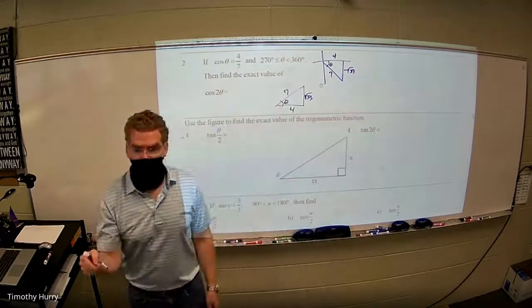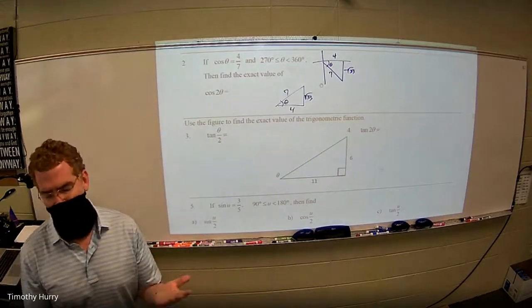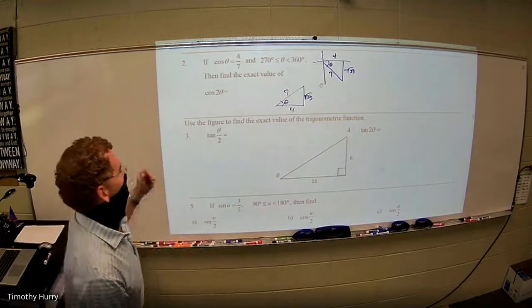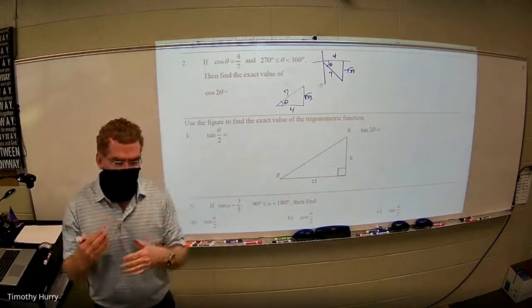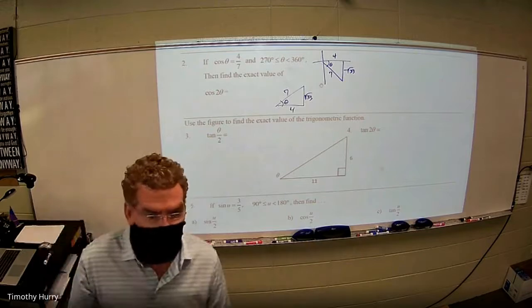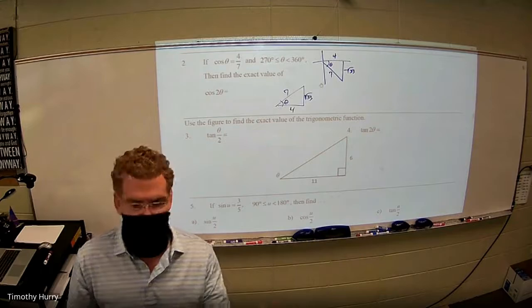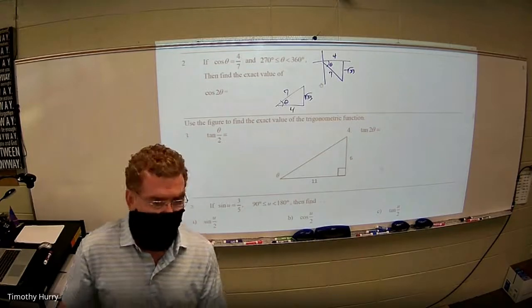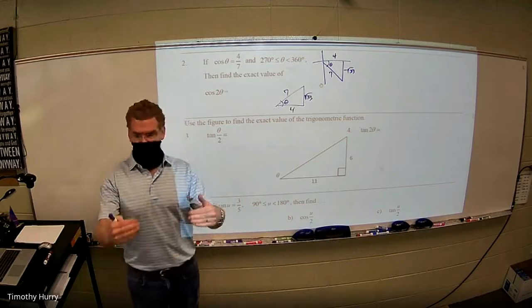And in much of the work we do, that negative will impact your work. It doesn't happen to impact it here, because it just happens to be a double angle cosine. And if you think of your formulas for double angle cosine, what am I doing with all the trig functions in those? Squaring them. And squaring that negative is going to make it positive. So it didn't really hurt you, that mistake here, but it more than likely will hurt you on a lot of problems.